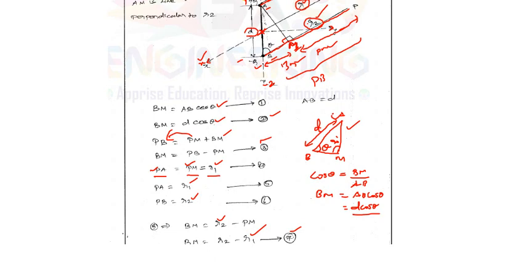And PA is equal to PM is equal to R1, as I mentioned earlier. So this is equation number 4. PA is equal to R1 and PB is equal to R2.